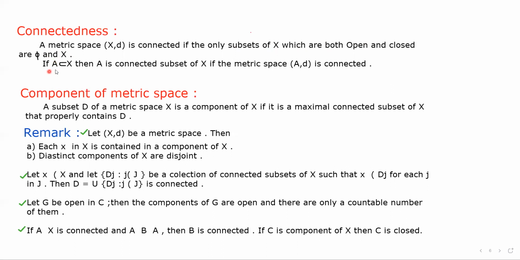Then if A is a subset of X, then A is a connected subset of X if the metric space (A, d) is connected. Okay. Now, what is a component of a metric space? A subset D of a metric space X is a component of X if it is a maximal connected subset of X that properly contains D. Okay.